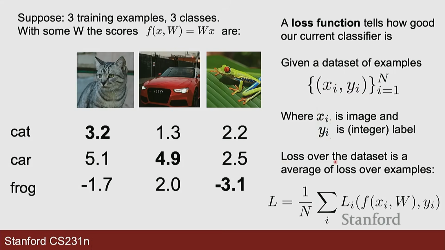We can compute the loss over our entire data set, where we calculate this loss for each training example by sending it through our model, which is f of x_i, W. We get our label, compare it to the ground truth label y_i, and we just take the average over our whole data set. So this is how we do this.